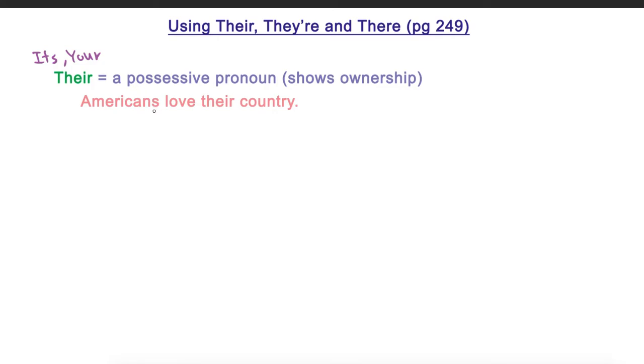Here's an example sentence. Americans love their country. So whose country? The Americans' country. Yes, the country is owned by the Americans. It's what they love.